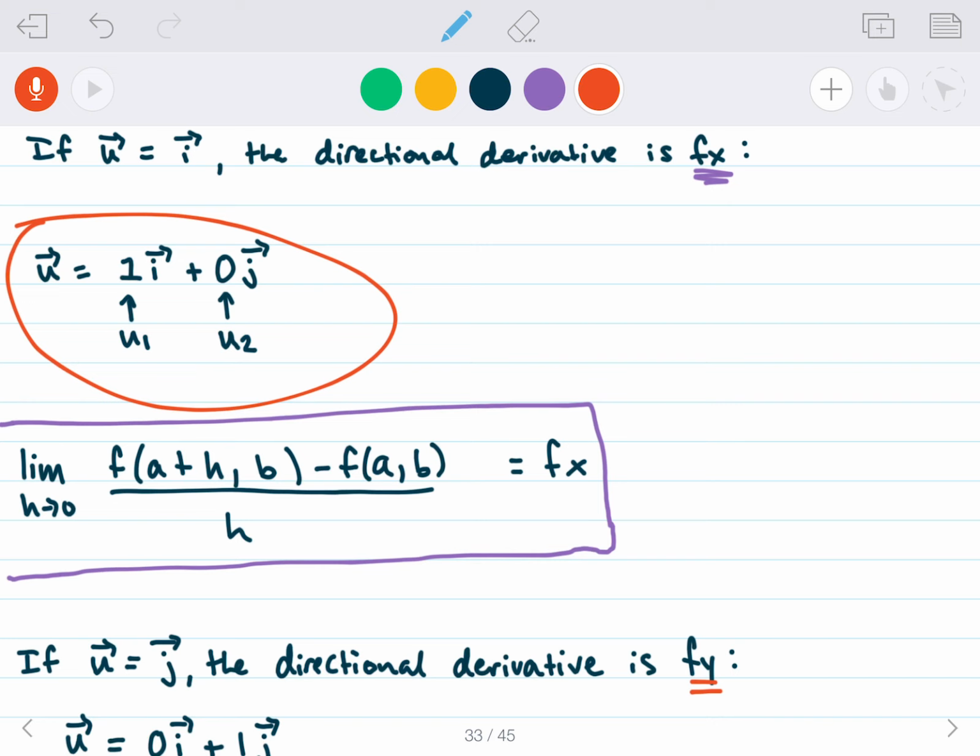That's literally just i, okay? And if we apply our limit definition of the directional derivative, we have f u at ab. So this, again, is the slope in the direction of u at the point ab on the surface. This is the limit as h goes to 0 of f of a plus hu1.